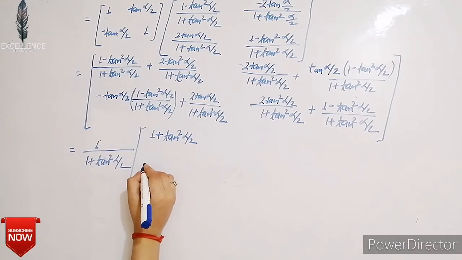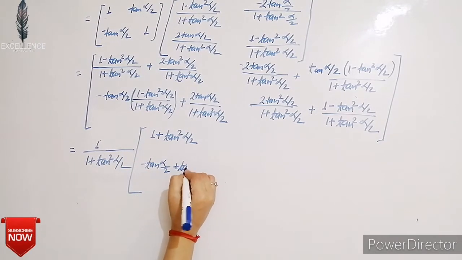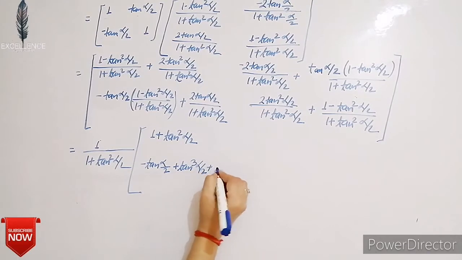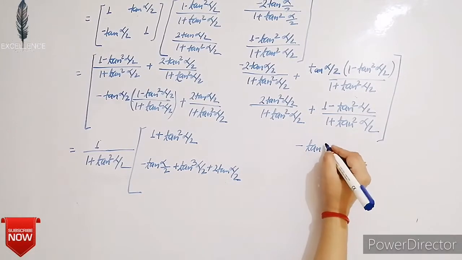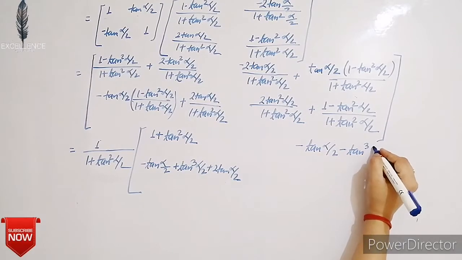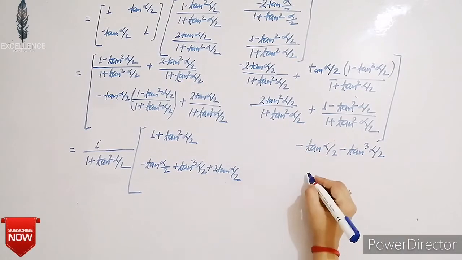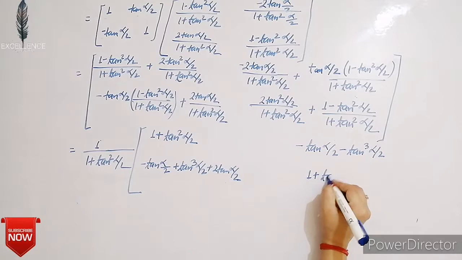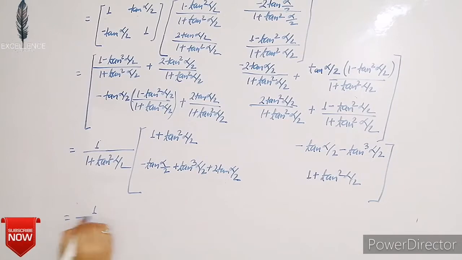Now here minus tan alpha by 2 is multiplied by (1 minus tan square alpha by 2), that is minus tan alpha by 2 plus tan cube alpha by 2 plus 2 tan alpha by 2. Now the 1 2 element is minus tan alpha by 2 minus tan cube alpha by 2. Okay. The last element is 2 tan square alpha by 2 minus tan square alpha by 2, that is plus tan square alpha by 2, so 1 plus tan square alpha by 2. Here 1 by (1 plus tan square alpha by 2).